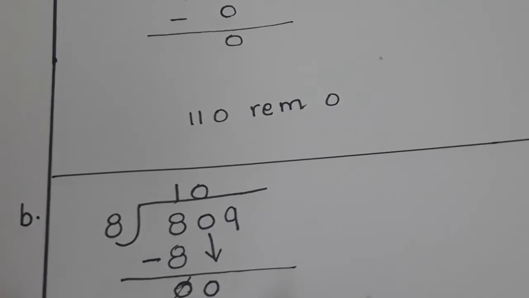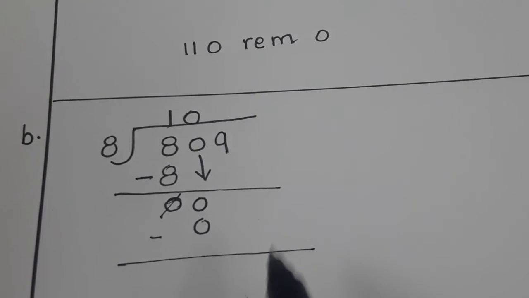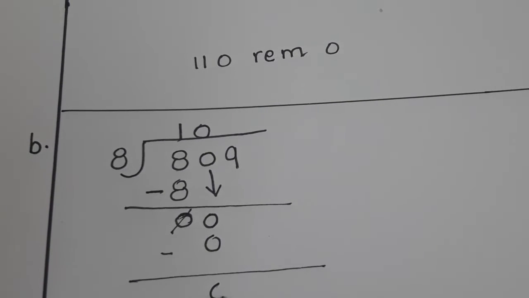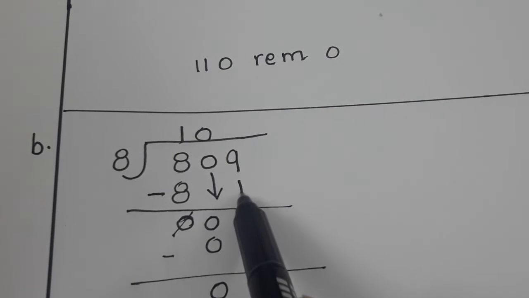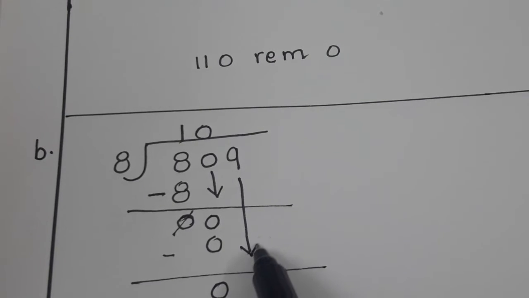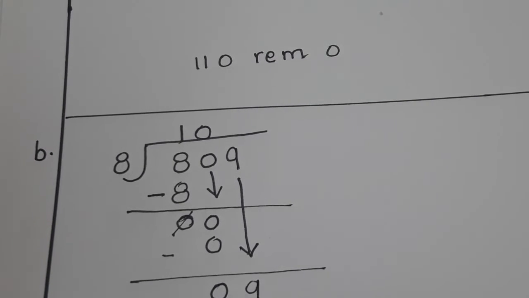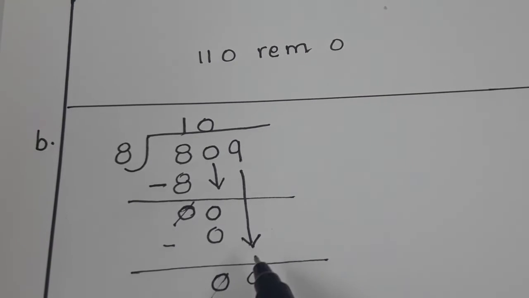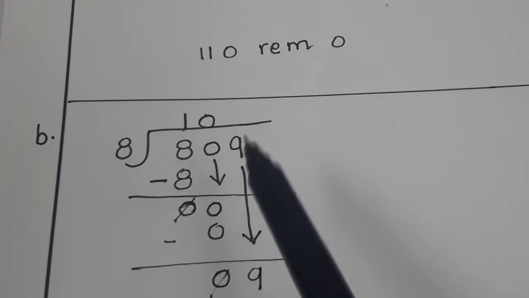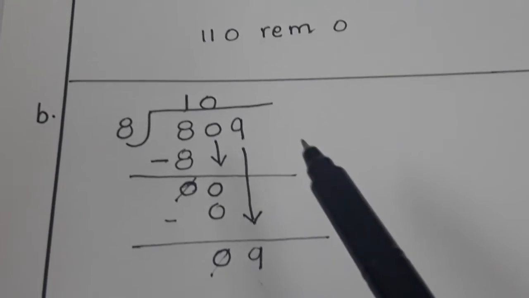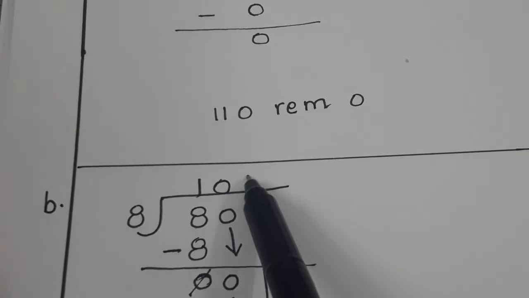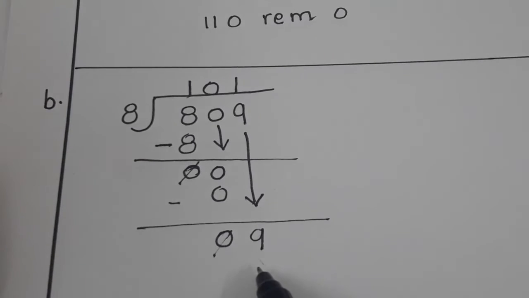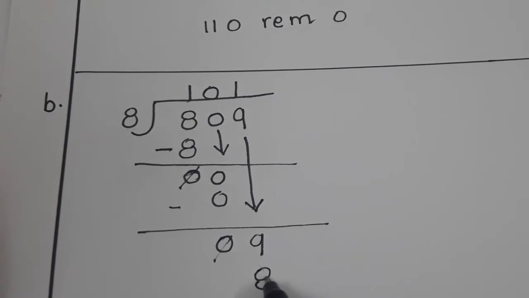Again we will subtract this number. Again 0 minus 0, 0, and we will drag 9 down. Okay students, now read the table of 8. 8 ones are 8, 8 twos are 16. So obviously we will write 8 ones are 8.